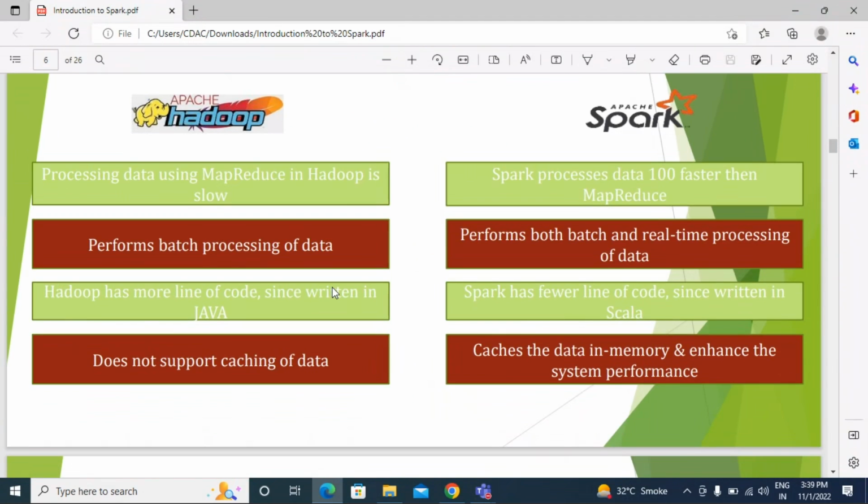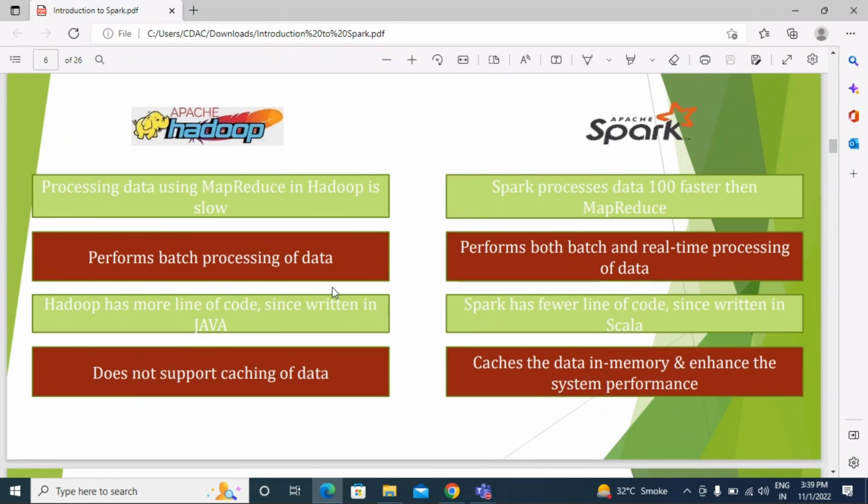Now, if we compare Hadoop and Spark, processing data using MapReduce in Hadoop is comparatively very slow. The reason is that we are continuously interacting with the storage space. We complete the map phase, then interact with storage space, then complete the reduce phase, and again storage space is interacted with.